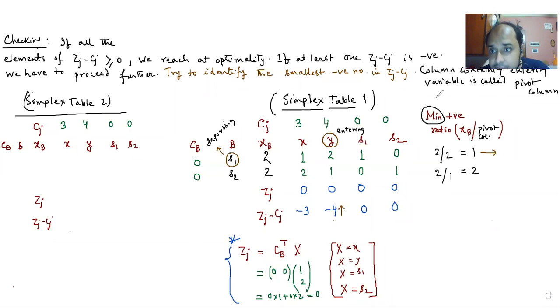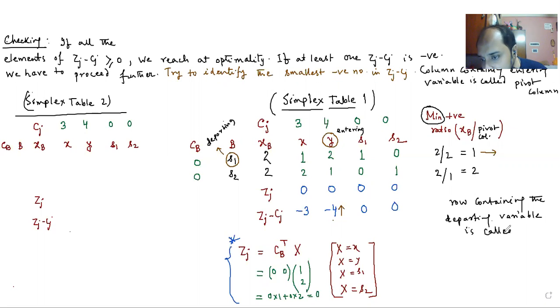And the row which contains the departing variable is called the pivot row.